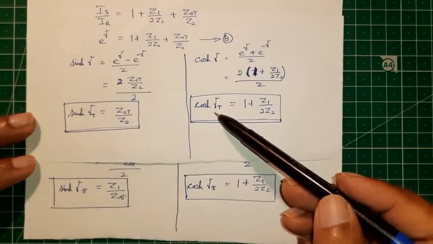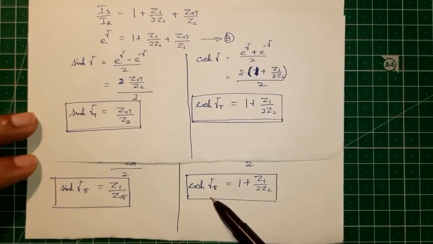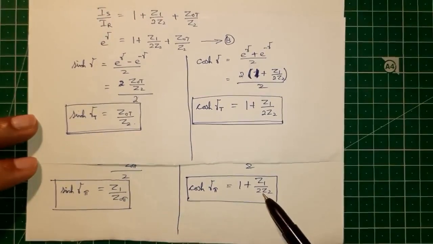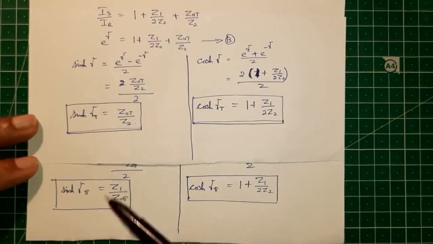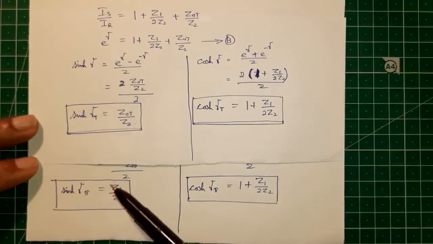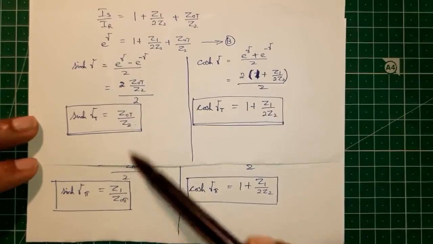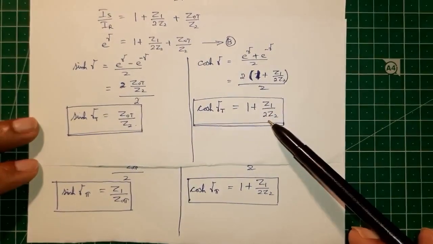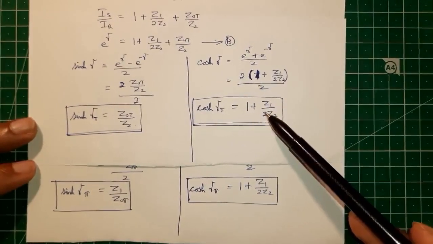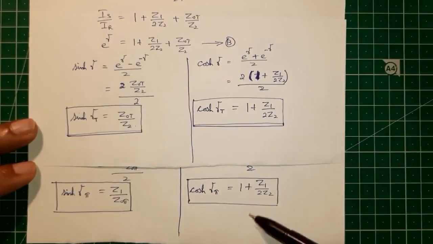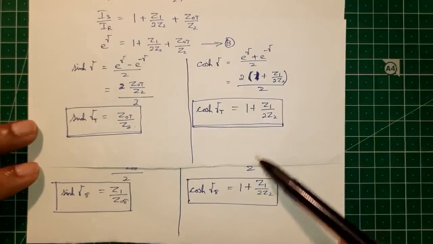Whereas cosine gamma T for a T network is equal to 1 plus Z1 by 2Z2, and cosine gamma pi for a pi network is equal to 1 plus Z1 by 2Z2. So these two have the same expression, whereas these are not having the same expression. So for a T and pi network, sin h gamma is going to have different expressions, and for cosine gamma we will get a similar expression, that is cosine gamma is equal to 1 plus Z1 by 2Z2. So like I said before, remember this expression, we will need this in the future.